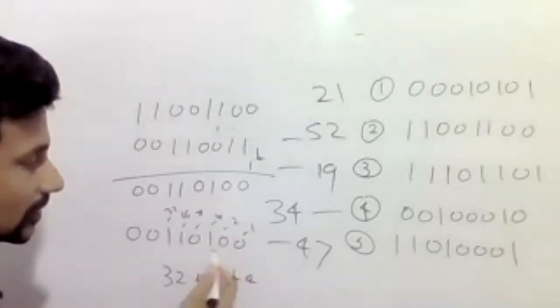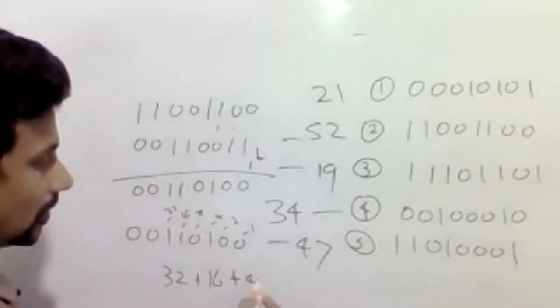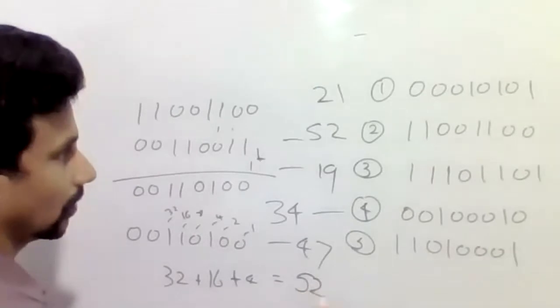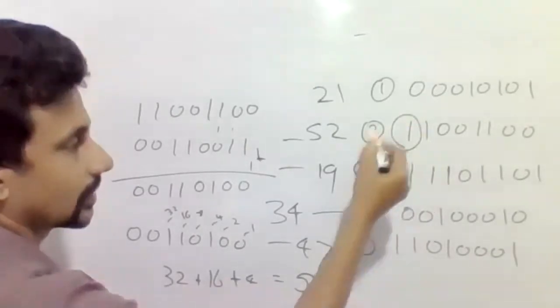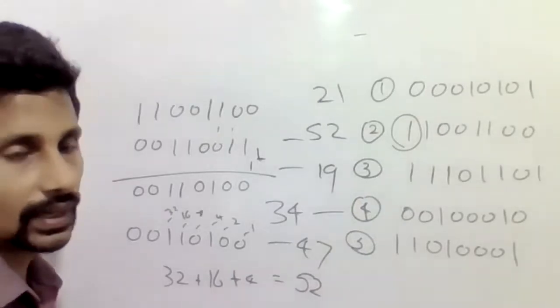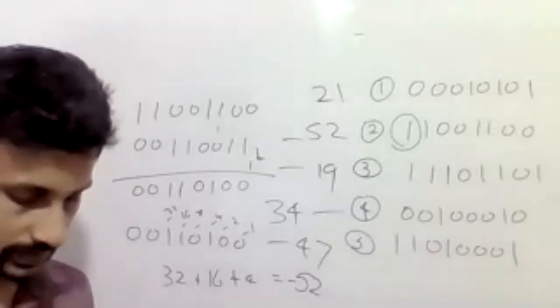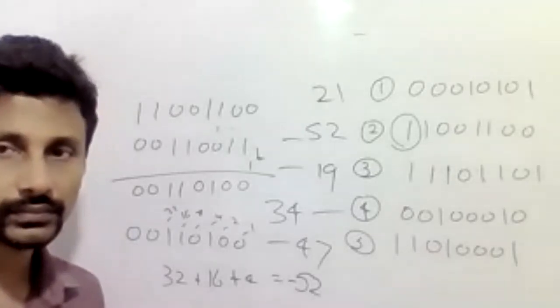Others are 0, so those values you are not taking. So 32 plus 16, 48, 48 plus 4, 52. But because of the first bit 1, we decided first it's a negative. So you put minus 52. Is that clear?